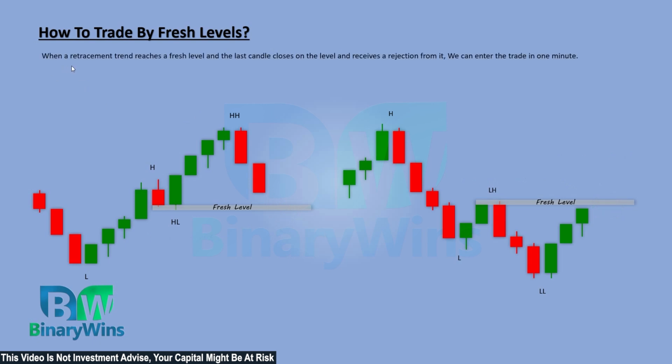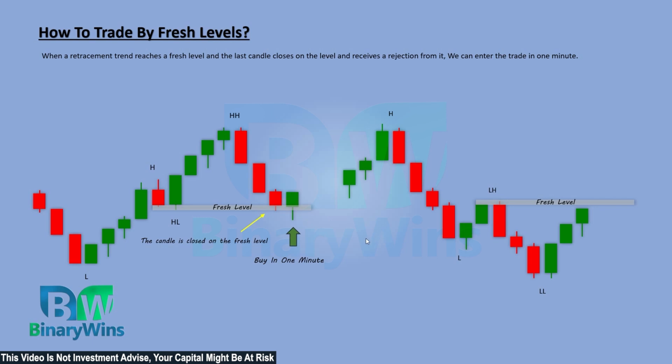Also, when the retracement trend reaches our fresh level and the candle closes on the level and receives rejection and pressure from our level, we can enter a 1 minute trade on the next candle, and my trade closes at the end of this candle.